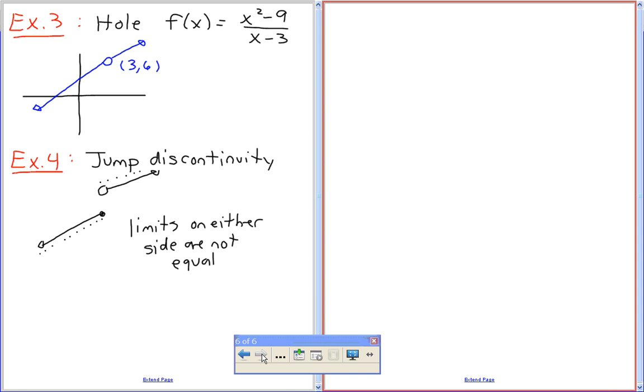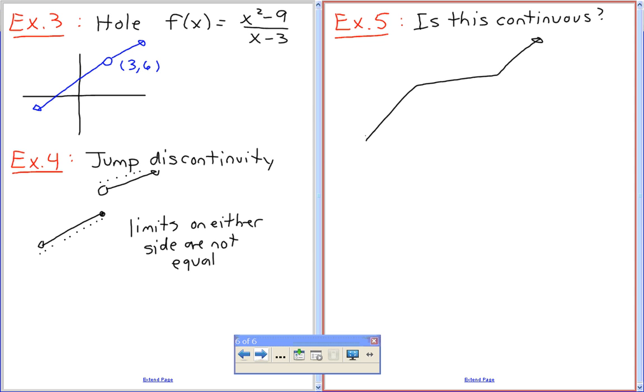All right, finally example 5, and then I'm going to stop. We'll talk more about this when we get back into derivatives. Is this continuous? Is that a continuous graph? It's 3 linear graphs put together.